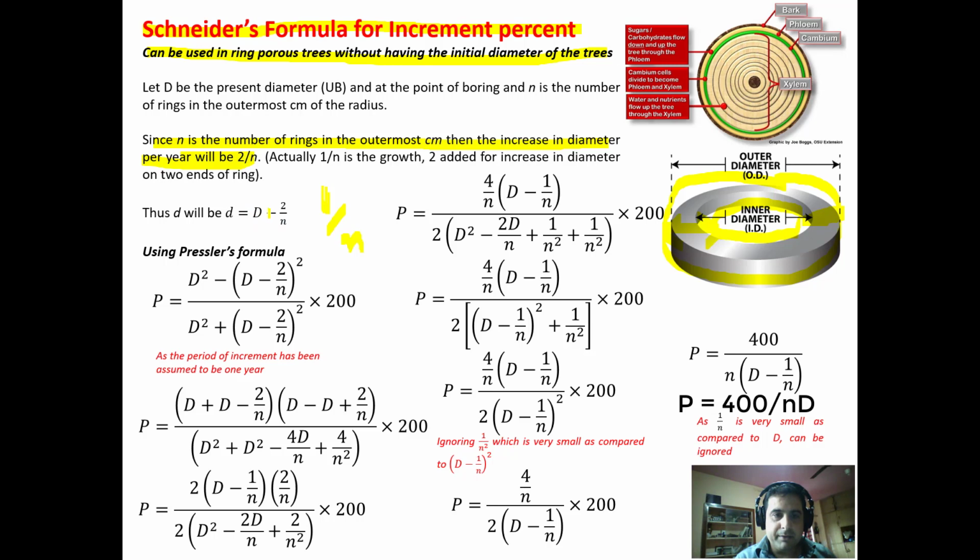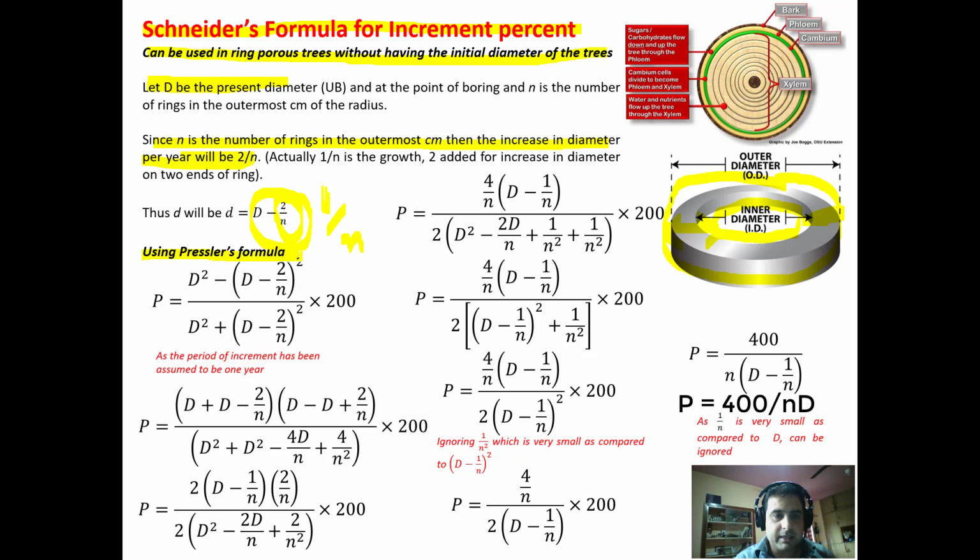That means if D is the present diameter, so indirectly we calculated the preceding diameter. The preceding diameter will be D minus 2 upon n, because 2 upon n is the growth put on by the tree in 1 year.